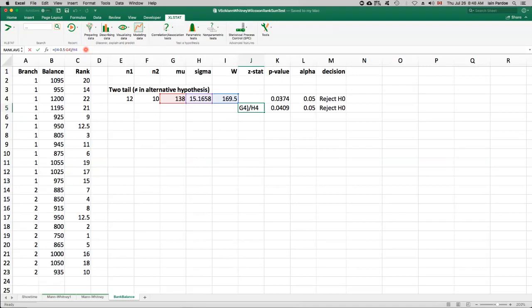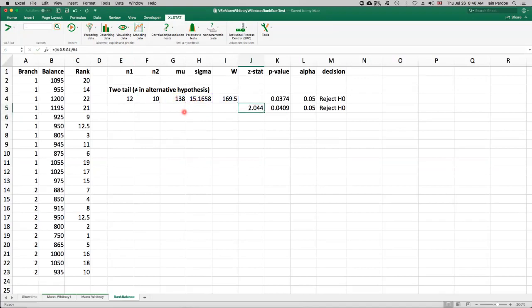And so we make a continuity correction, and because we're in the upper tail here, the value of W is bigger than mu, we'll subtract 0.5 to do the continuity correction, and then subtract the mean and divide by sigma. Subtract mu, divide by sigma.